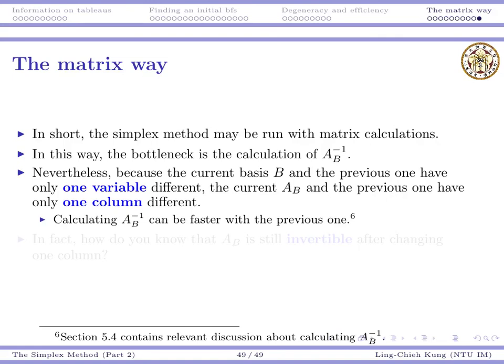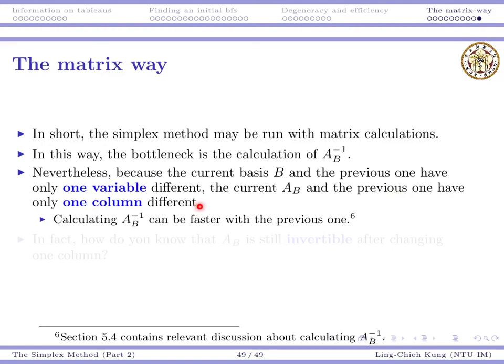However, there are some observations we may have. In any iteration, if I have a current basis and then I look back to the previous one, we know only one variable would be different, and that means the current AB and the previous AB have only one column different.